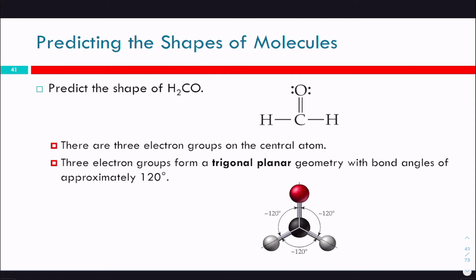In this configuration, where you've got 3 electron groups, they'll spread out into this flat trigonal planar geometry. Tri meaning 3, trigonal, actually I don't know what the suffix gonal means, but planar meaning that it's flat. So you could set it flat on a table. And the bond angle between those is 120 degrees.